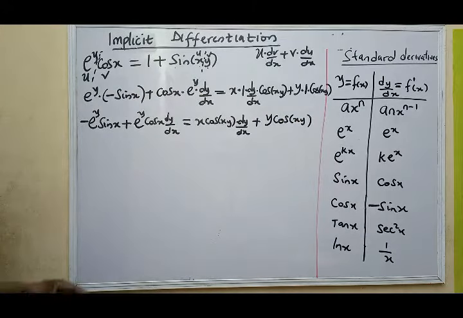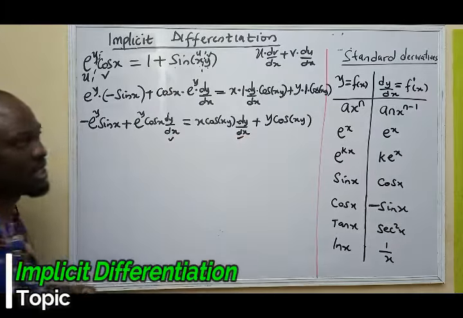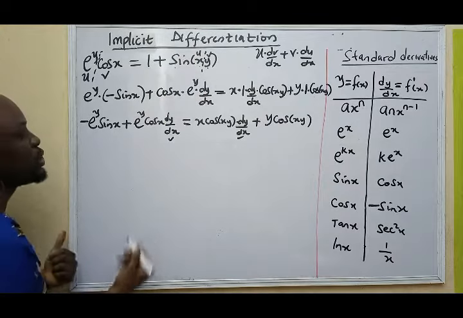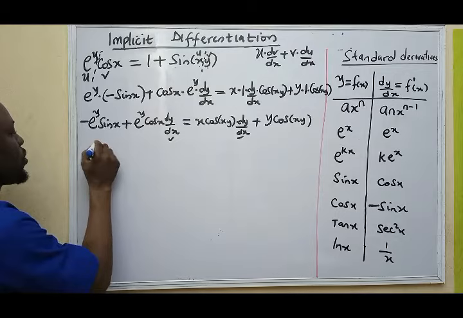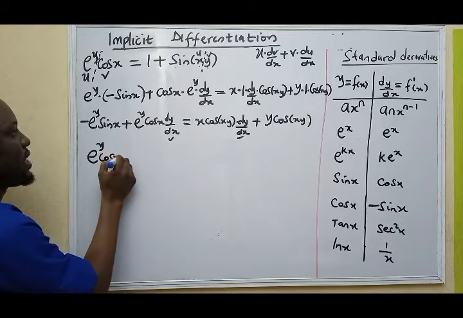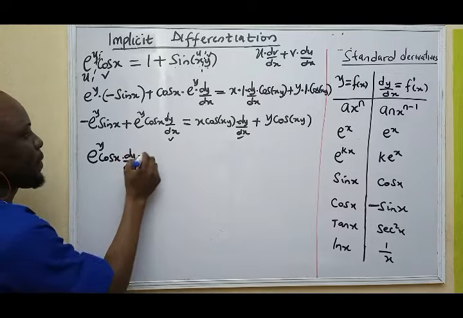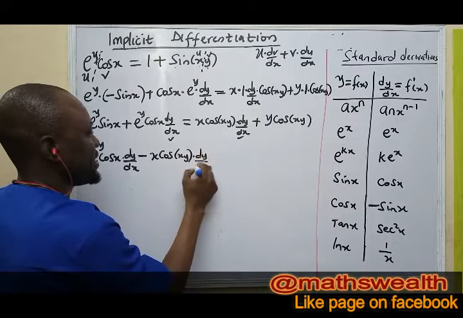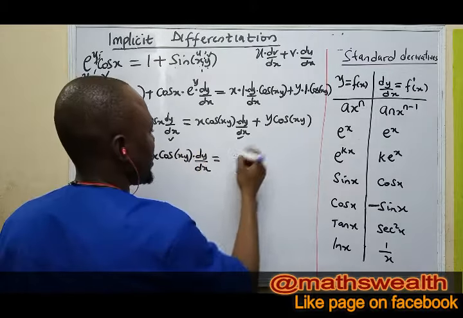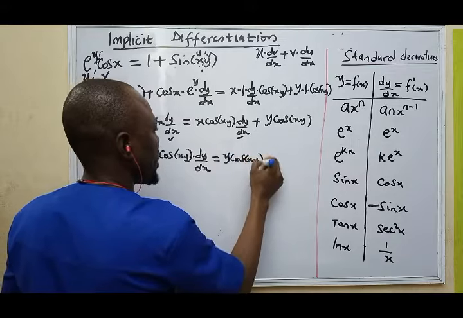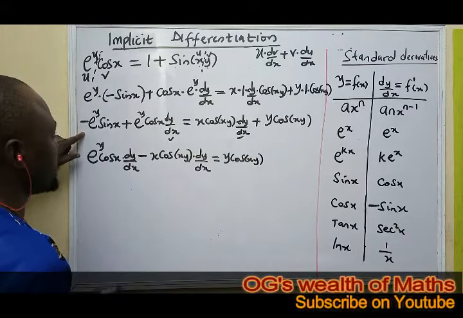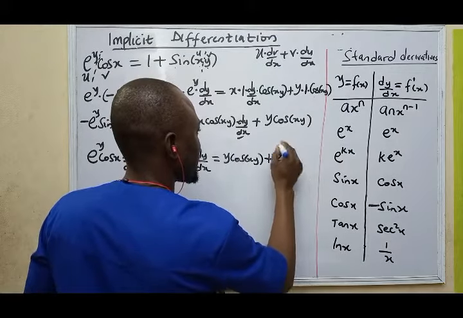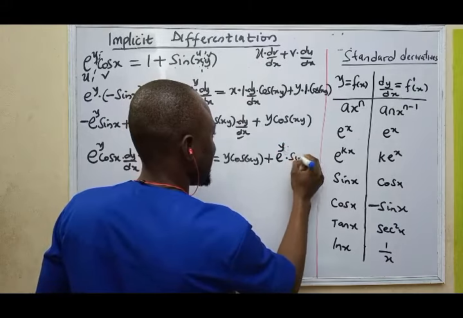Now the next thing I'm going to do: because I have dy/dx here and dy/dx here, they are like terms, so I need to bring them together. I'll take this to the other side of the equation. My new expression will be e^y cos x dy/dx minus x cos xy dy/dx equals y cos xy, and the minus sign, the moment it crosses the equality, becomes positive e^y sine x.